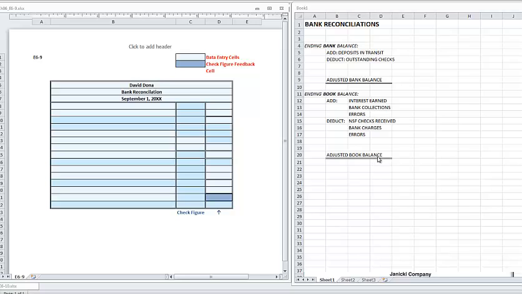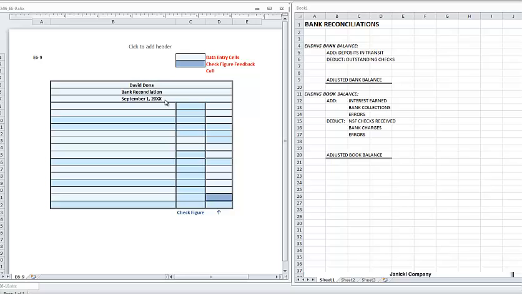So now let's start to work on exercise 6-9, where we can put some of these steps in practice. The first thing you need to do is enter the heading for your bank reconciliation. It's just the name of the company, the bank reconciliation, and then the ending date on the bank statement.